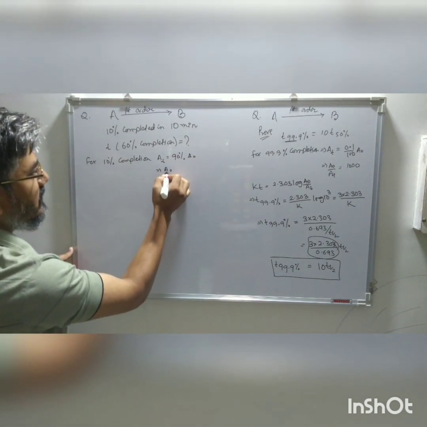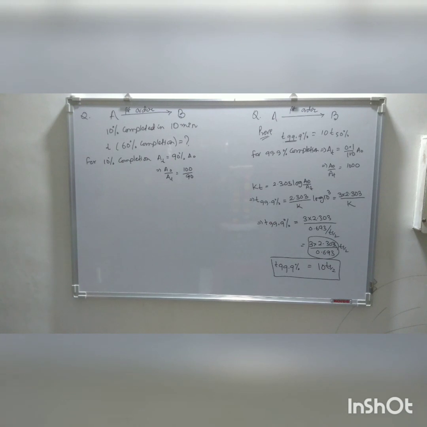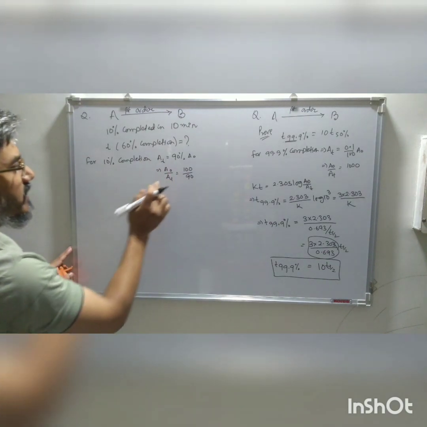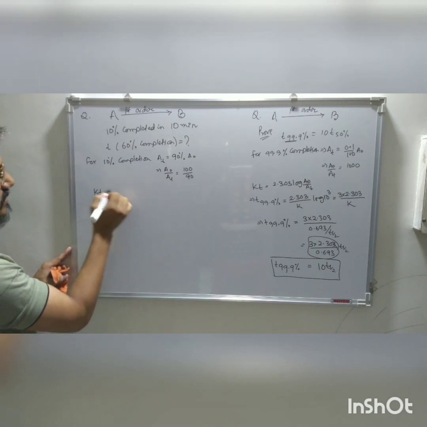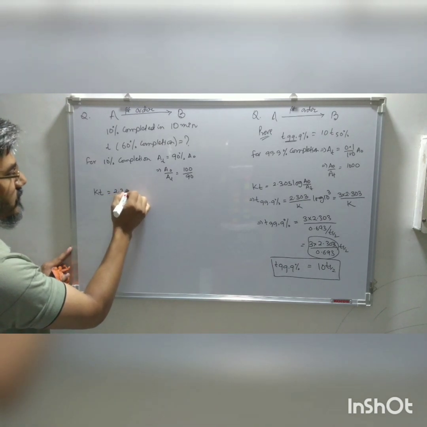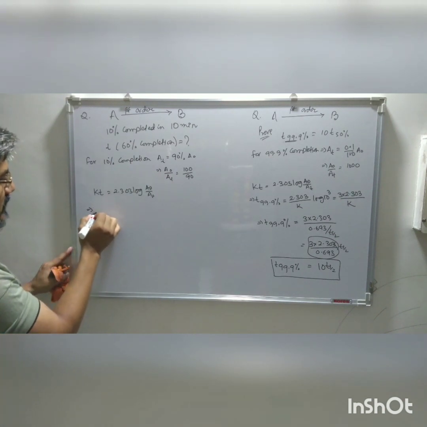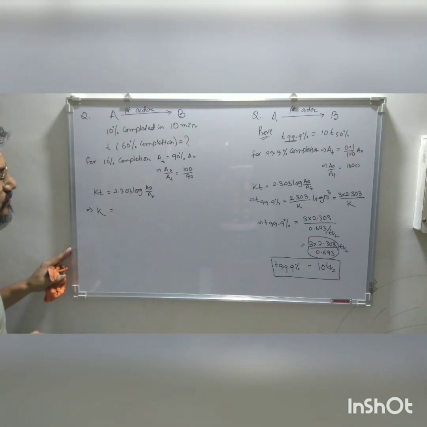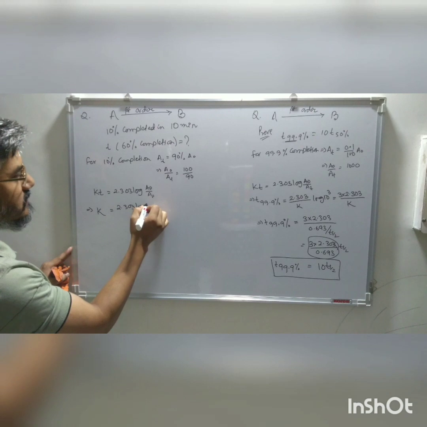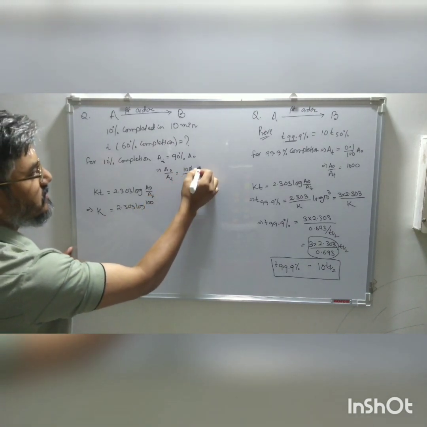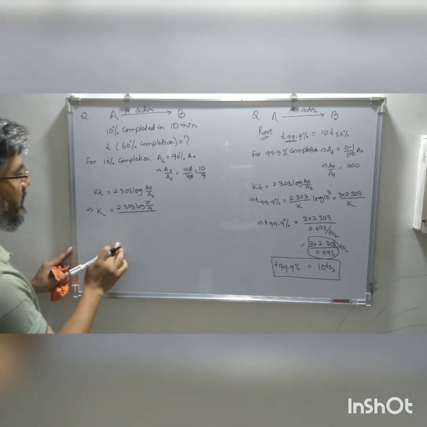That means A naught by A is equal to 100 by 90, so this is A naught by A. From the first order kinetics equation we have kt is equal to 2.303 log A naught by A. So therefore k is equal to 2.303 times log 10 by 9 divided by time.